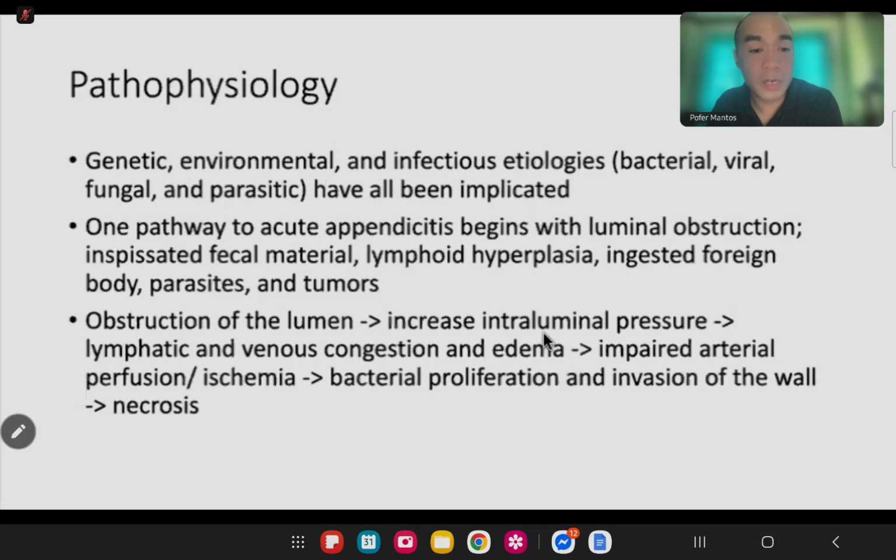And once the lumen is obstructed, intraluminal pressure increases, there would be congestion of the lymphatics and veins, impaired arterial perfusion, and then bacterial proliferation and invasion of the wall will lead to necrosis.